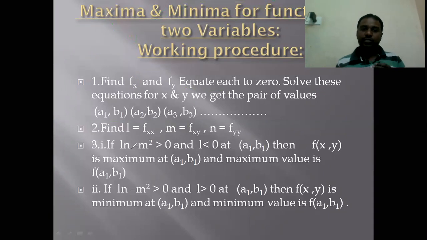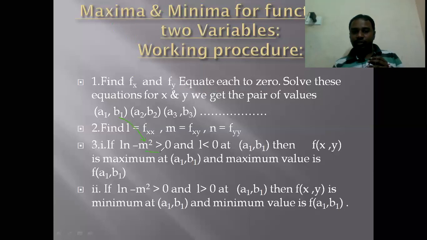Based on these combinations, we say whether at this particular point this function is minimum or maximum. So the combination we are going to use is ln minus m square. First we need to find this expression, then one by one we are going to substitute at these particular points.